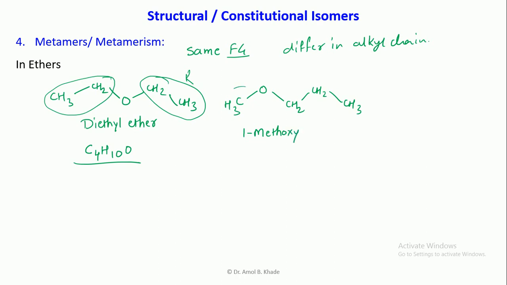If you remember the IUPAC name, the shorter chain we write first as a prefix indicating the position of the carbon. So it will be 1-methoxypropane. Now count the carbons, 4, hydrogens, 3 plus 3, 6 plus 4, 10, and 1 oxygen. So this is also C4H10O. So diethyl ether and 1-methoxypropane are metamers of each other.